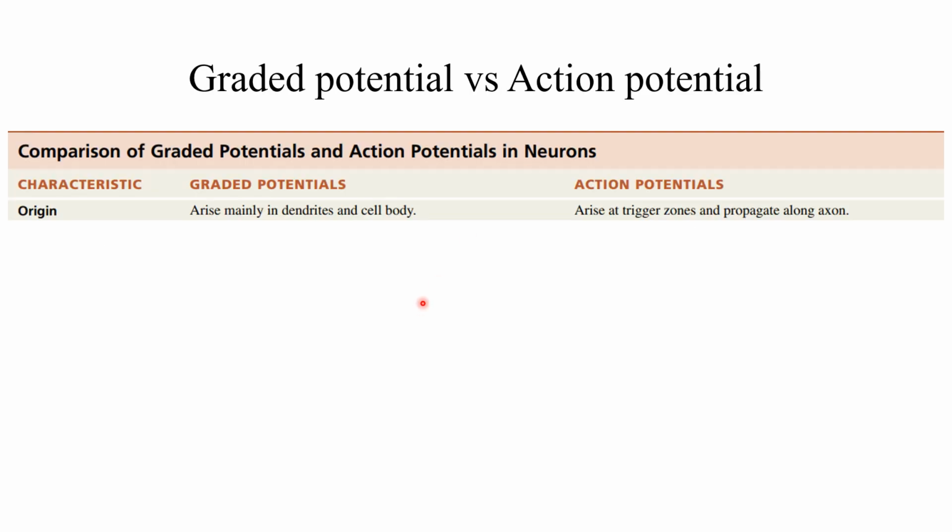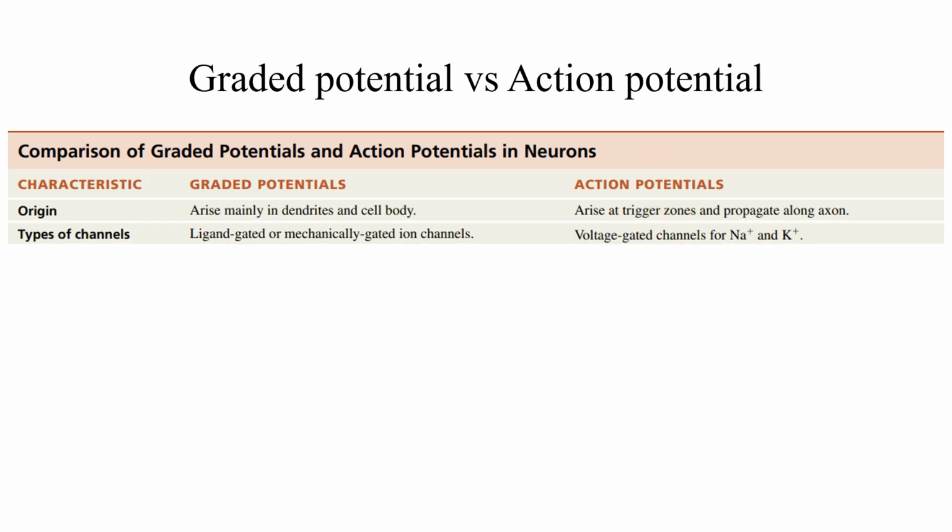If we are talking specifically about the neurons, then graded potential arises in the dendrites and the soma or the cell bodies of the neurons, whereas the action potential is transmitted throughout the axons and starts in the axon hillock. Remember that in order to activate or start an action potential, there should be activation of voltage-gated channels, more specifically the sodium channels. And for the graded potential, it's only either ligand-gated or mechanically gated ion channels.